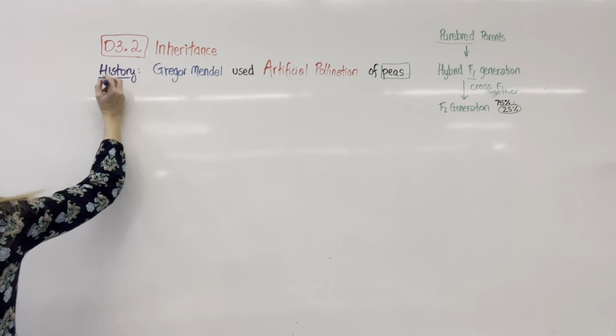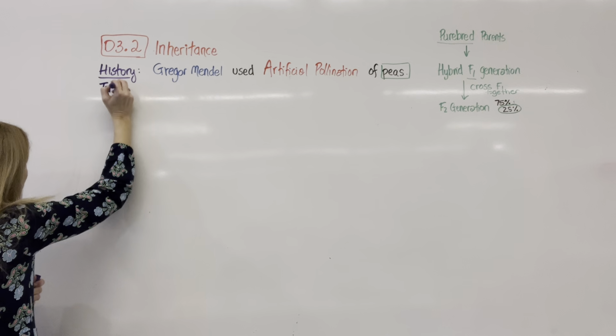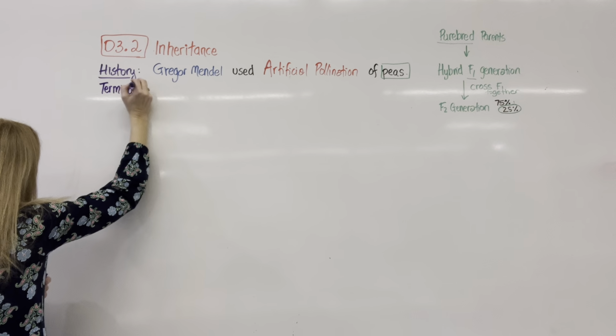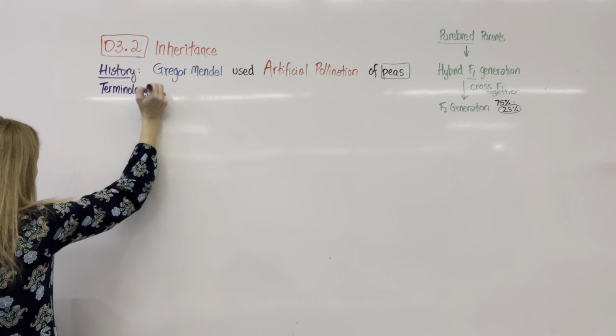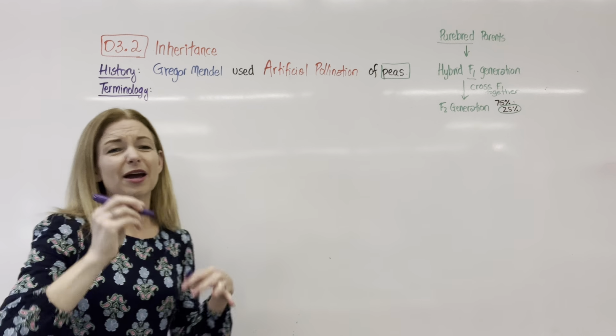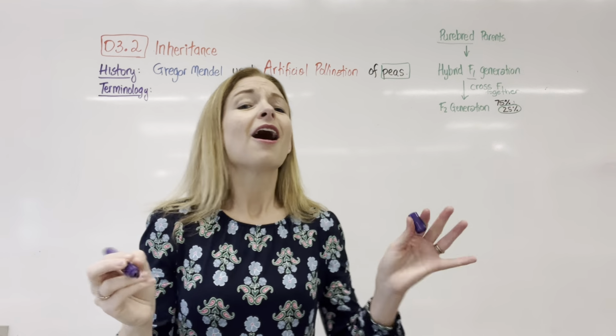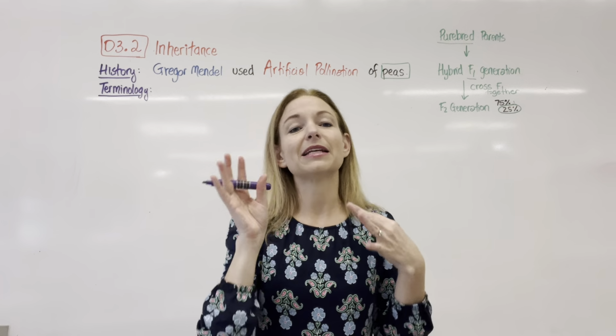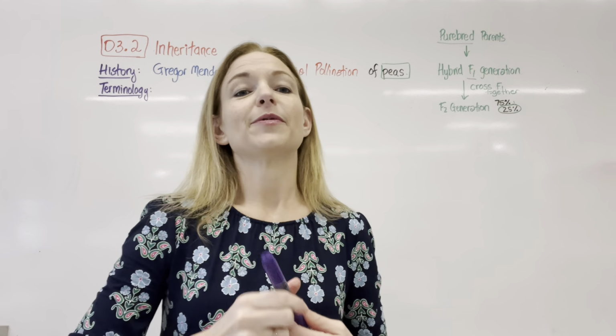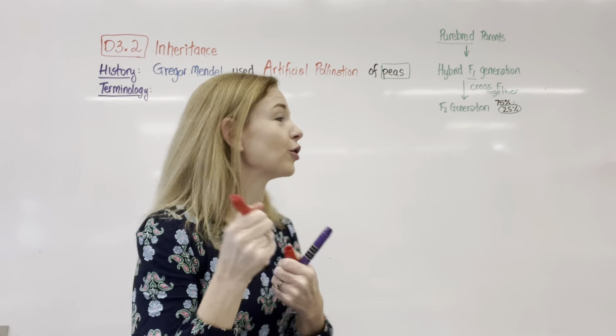Then let's do a little bit of terminology. A lot of students are quite good at doing the Punnett squares. IB uses Punnett grids. I'm going to try to remember to sometimes use that term, but it seems strange to me. Most students get quite good at doing the crosses, but it's the terminology that gets a bit tricky, so we're just going to make sure we're really good on that.